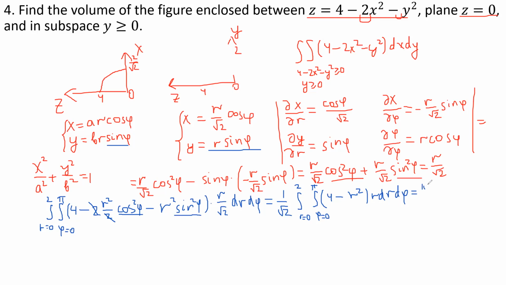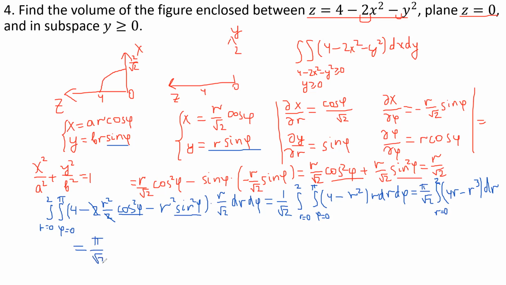So it will be phi over square root of 2, r from 0 to 2, 4r minus r cubed dr. And we can calculate this one integral.